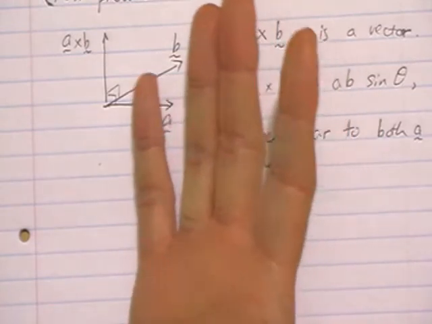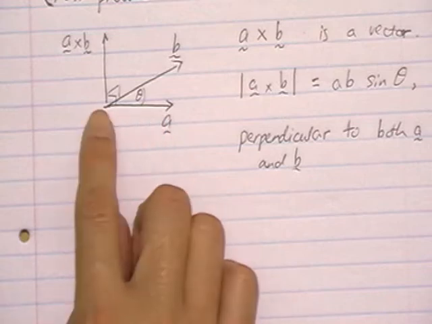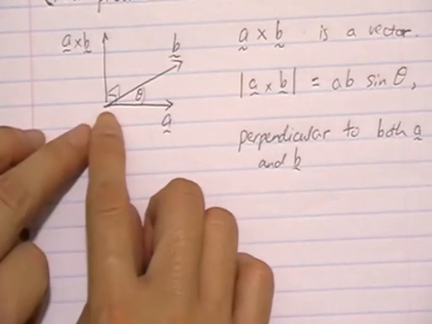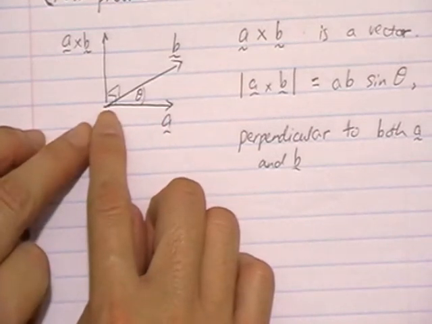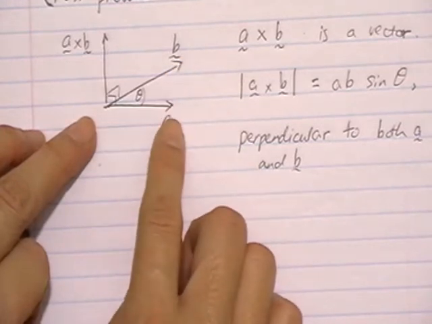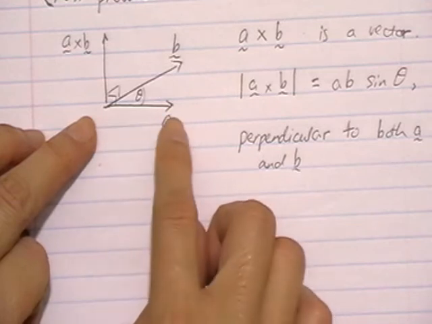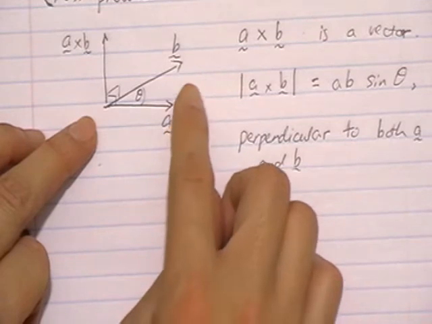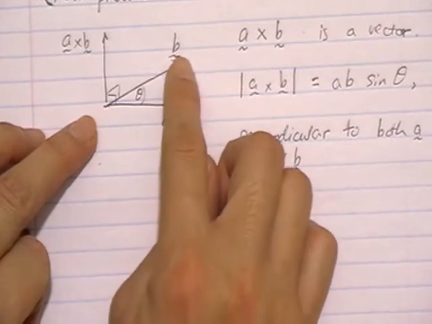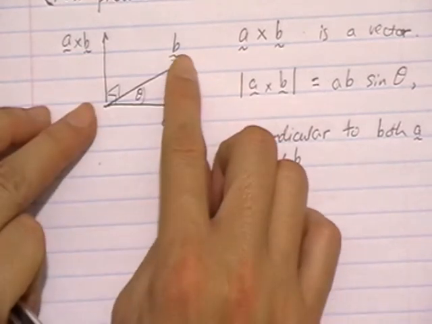It means we use our right hand and we imagine fixing this point, this tail end of both A and B, and then imagine that A is like a piece of rod, and we think about rotating vector A towards B.